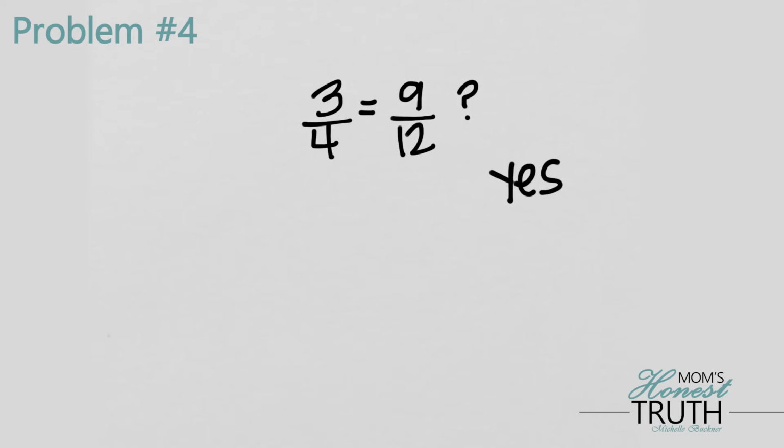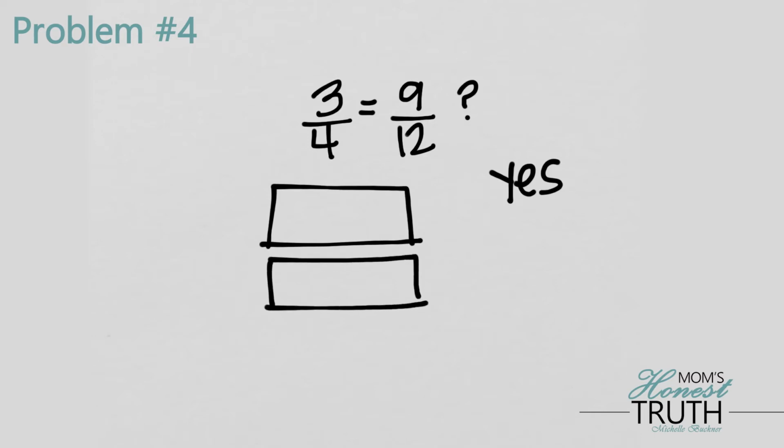Let's prove it using a diagram. First, we have 3/4. 1, 2, 3. 3 out of 4.